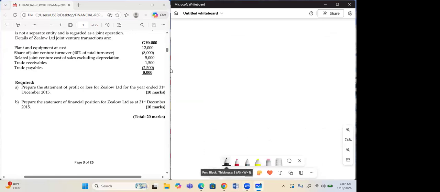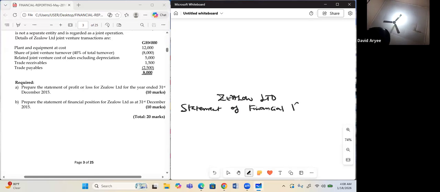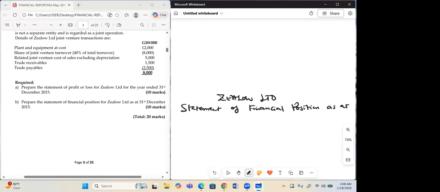When you go to the next page, then you also start another sheet and call it Zelo Limited, statement of financial position as at 31st December 2015.